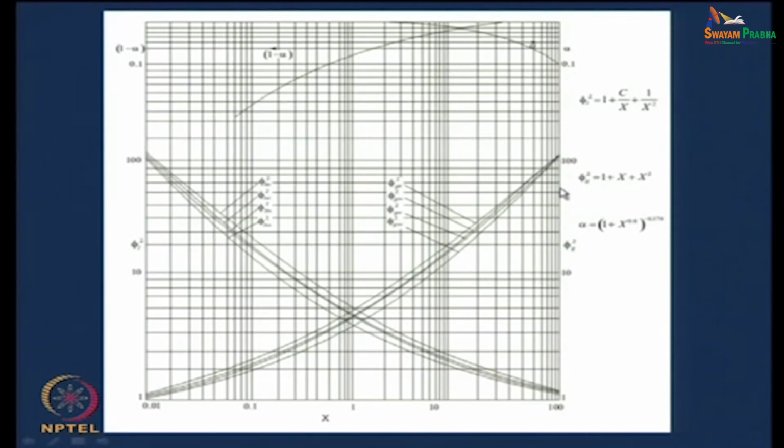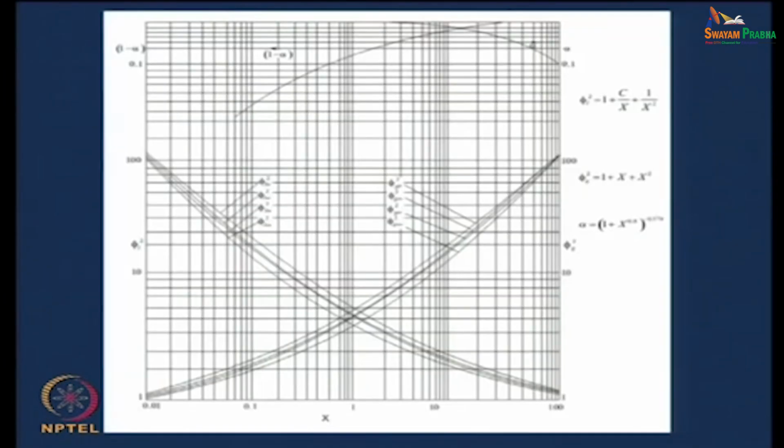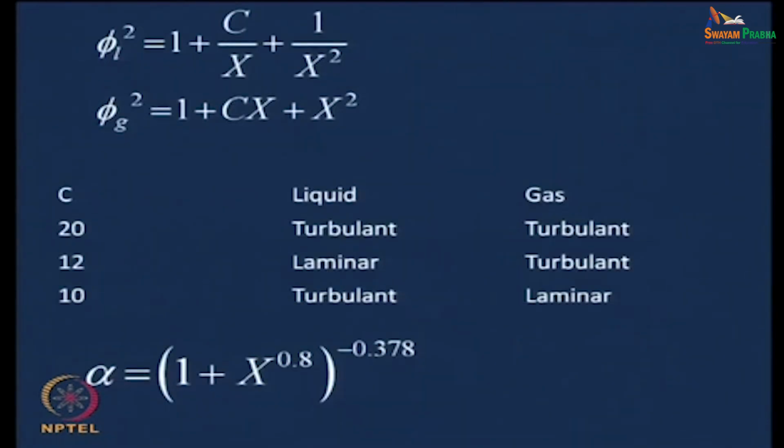If it's visible to you, I do not know. It's phi L square equals 1 plus c by x plus 1 by x square, and phi g square equals 1 plus c x plus x square, okay. This was, sorry, this should have been c x. So, these are the corrected expressions.